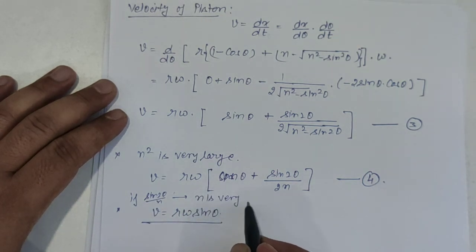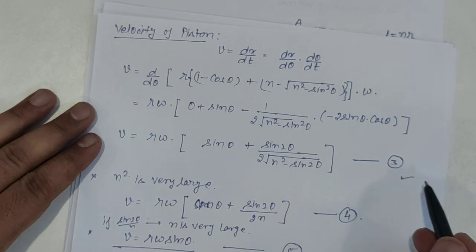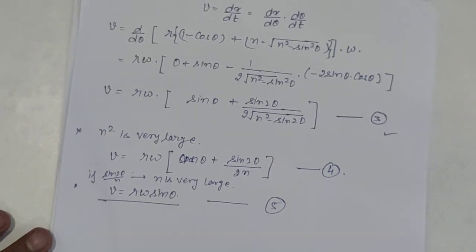So after making assumptions we have reached equation number 5, while originally we had the earlier equation. This gives the velocity and displacement of the piston. So this is it for today. Thank you.